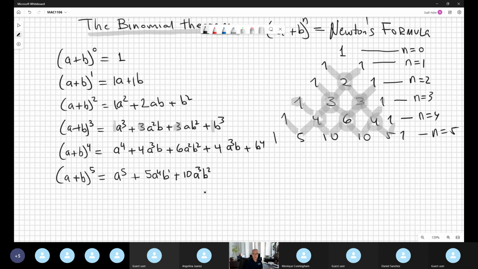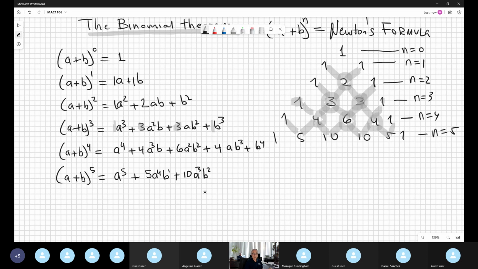Okay, the exponent of a is now decreasing. 4, 3, 2, 1, 0. You see here, 3, 4, 3, 2, 1. No, this is a mistake. 3 is b. Look, this 3 is in the b. Let me make a rectification. b to the 0, 1, 2, 3, and 4.